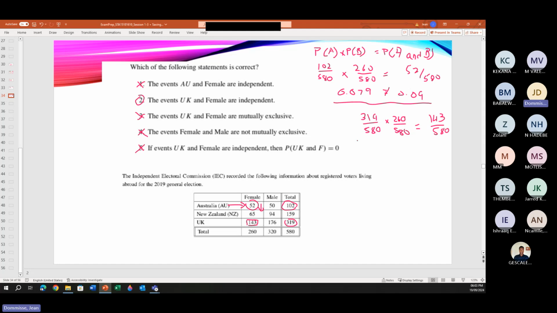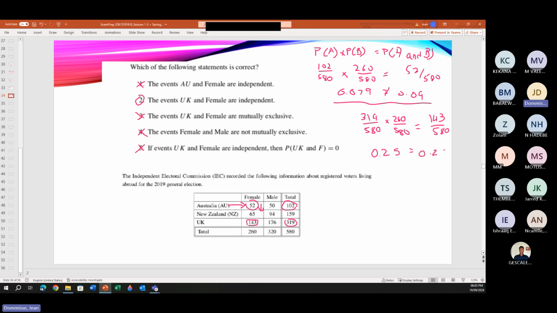Okay, so 319 divided by 580 times 260 divided by 580 gives us 0,25, and 143 divided by 580 also gives us 0,25.